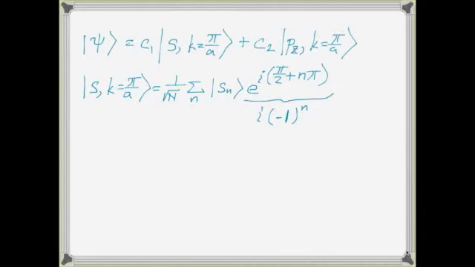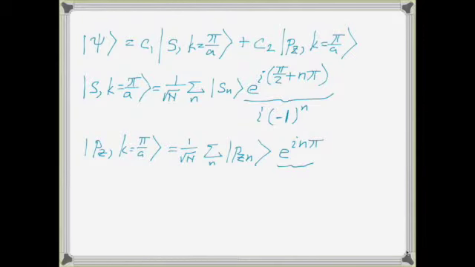And similarly for the pz orbital, which is just -1 to the n. So this is my basis that I'm using, and so this wave function is just a linear combination of these two Bloch sums at the X point.